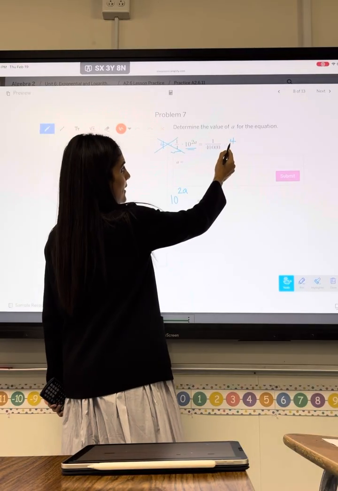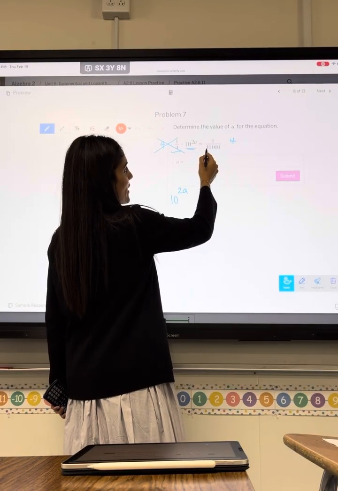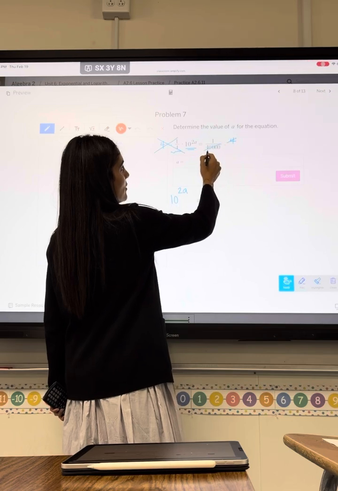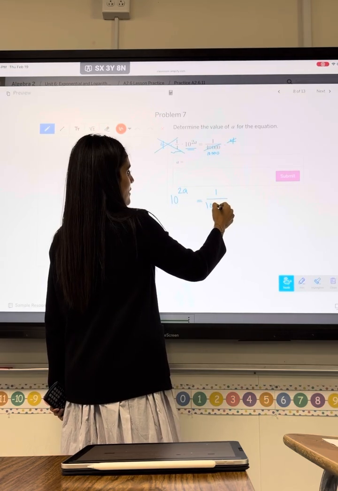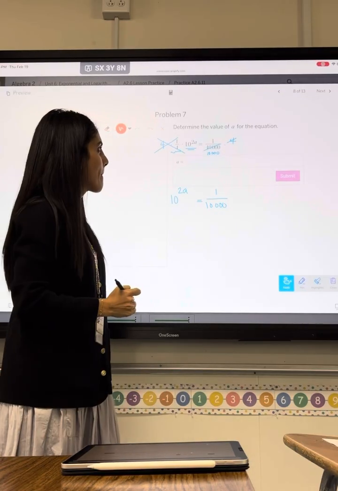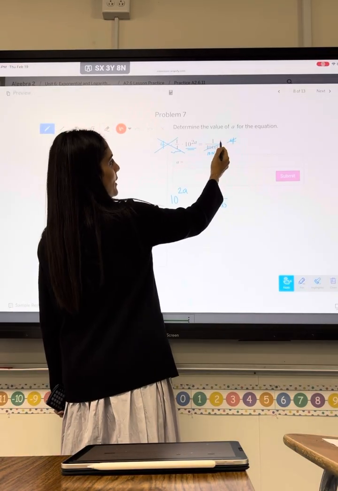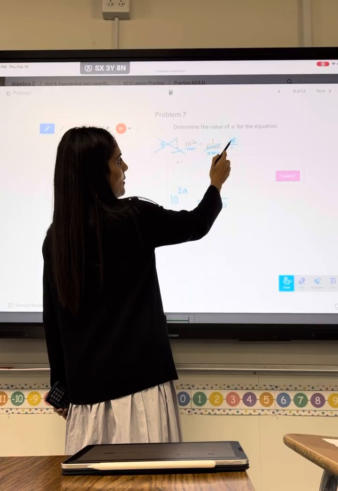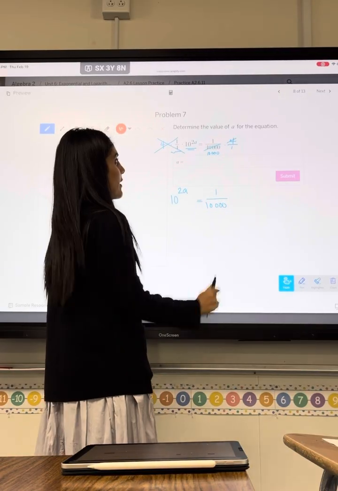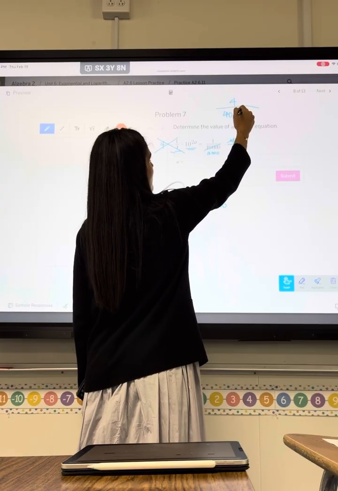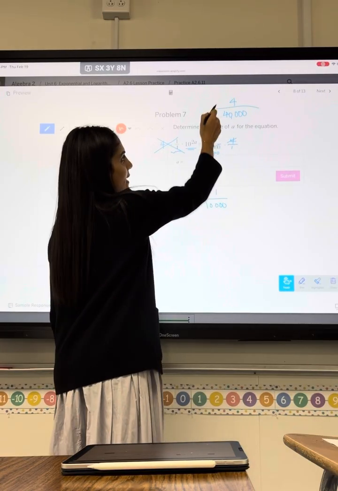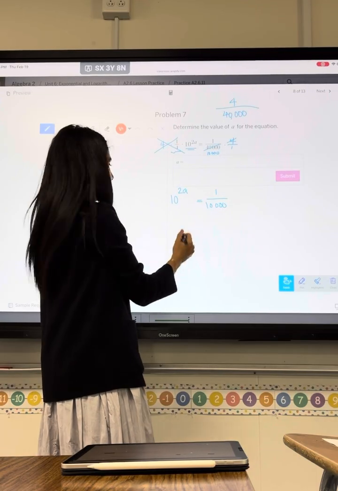And over here, you guys, this 4 and that 40,000 can cross cancel to leave me with 1 over 10,000. You could have also multiplied across, put the 4 over 1, multiply across. I know a lot of you guys prefer it that way. So then you would have gotten 4 divided by 40,000, which you then could reduce to that.